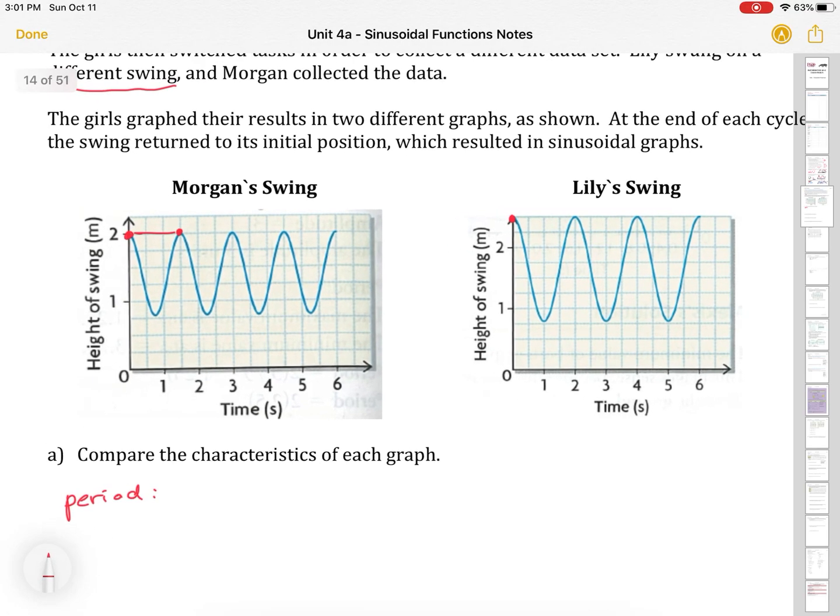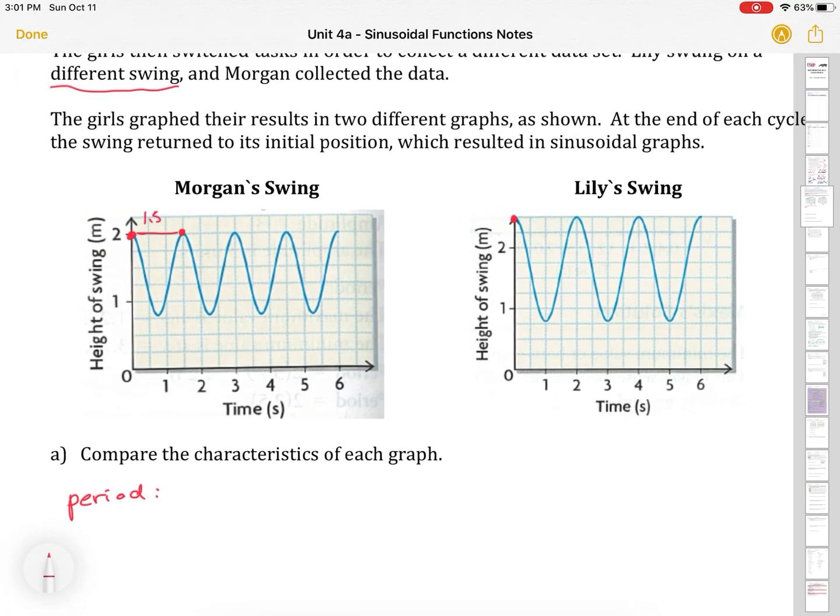I've got to read my graph right. So Morgan's goes from 0 to 1.5, where Lily's goes from 0 to 2. So Lily has a longer period. Remember, the period goes from maximum to maximum, right?